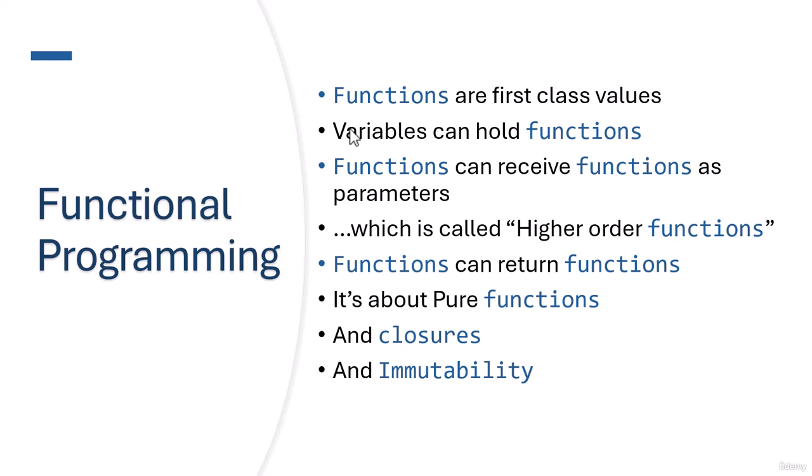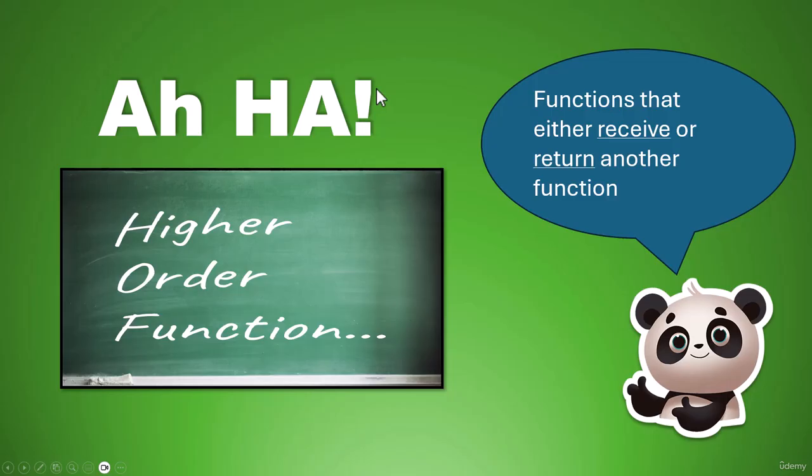Now, in functional programming, there are three more terms that we're going to talk about as well. One of them is pure functions, another is closures, and another is immutability. These are all concepts that are very common to functional programming, and we're going to discuss them in a little while. So now that we understand what higher order function is, as you can see, it's not such a complicated concept.